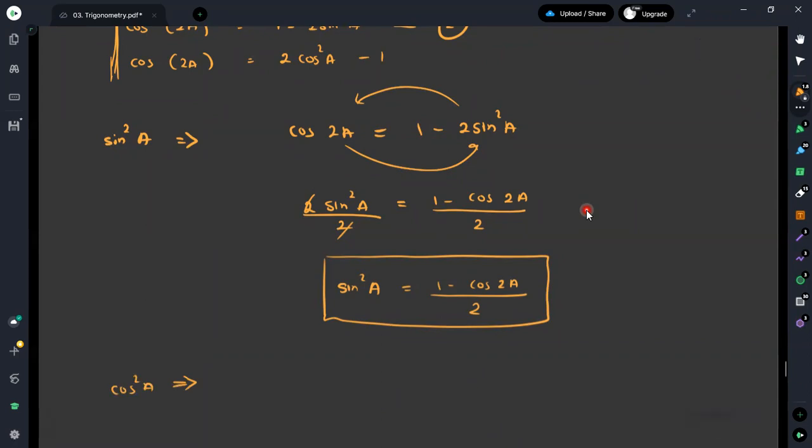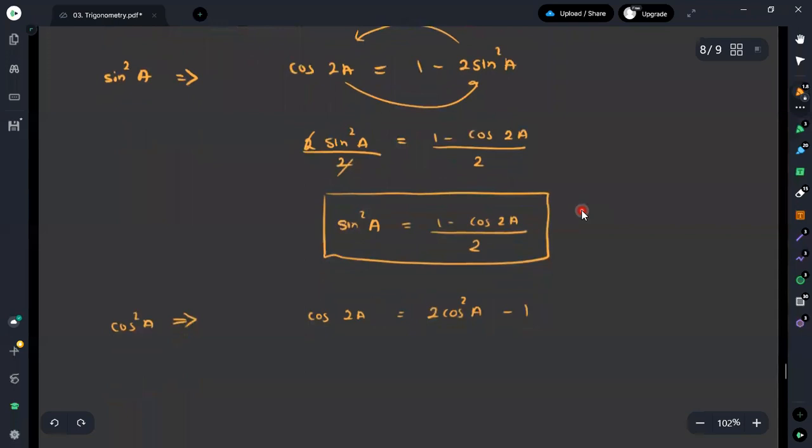Since the third equation contains this cosine squared A, we'll use that equation for obtaining the value. Then cosine 2A is equal to 2 times cosine squared A minus 1. Then we can take the terms to one side by isolating this cosine squared A on one side.